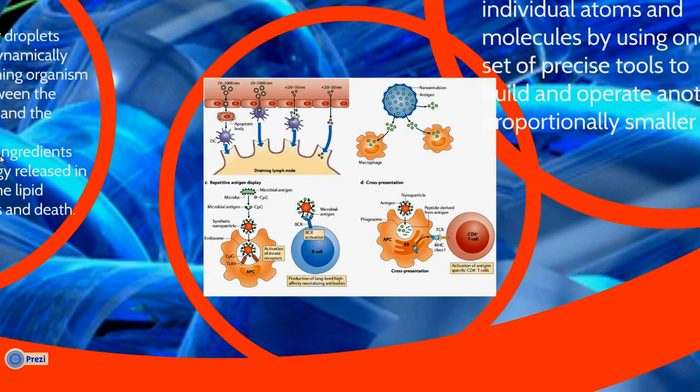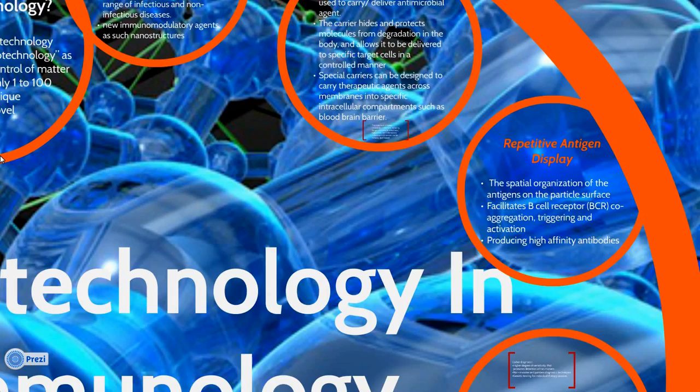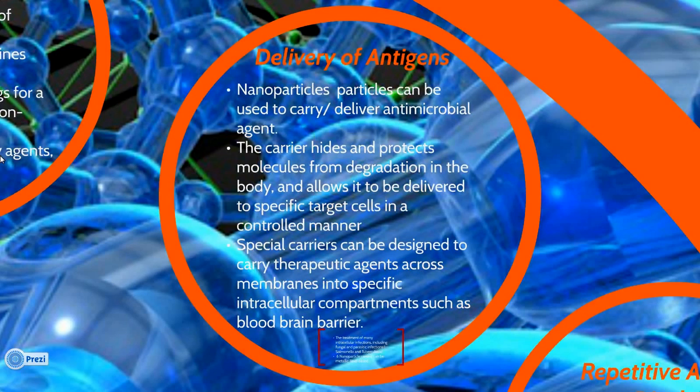There are 4 general mechanistic pathways in which immunology interacts with nanotechnology. Delivery of antigens. Nanoparticles can be used to carry antimicrobial agents. The carrier hides and protects the molecules from degradation in the body and allows them to be delivered to specific target cells in a controlled manner.